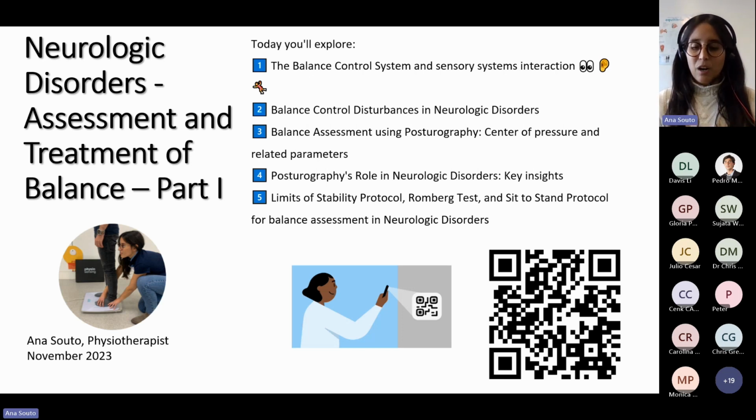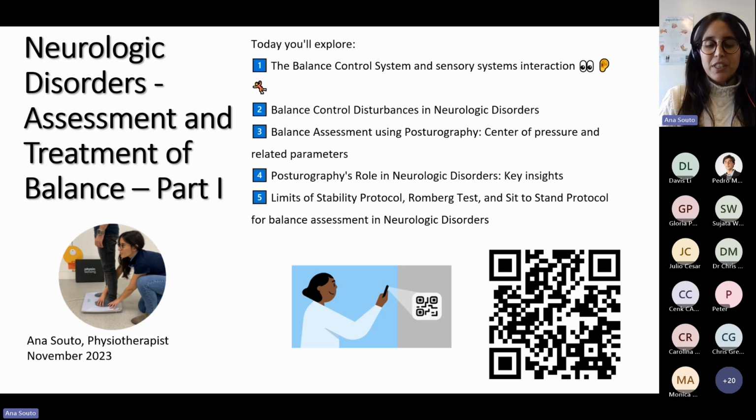So, how balance is affected within this context, how to assess balance using posturography, and I will try to explain some main parameters such as the center of pressure in this context.